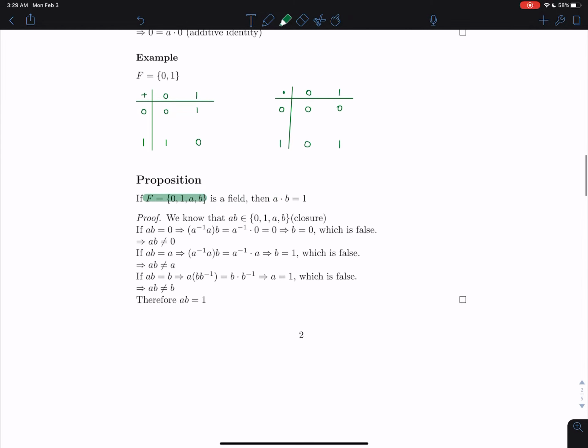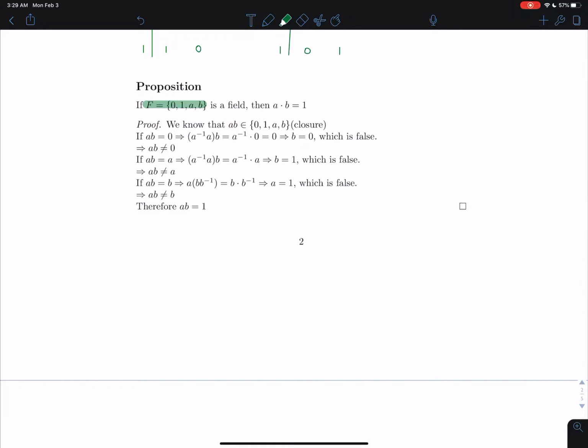So this one is talking about a 4-element field, let's say 0, 1, a, b, then a times b is 1. This proof is quite important because it shows you the proof by elimination, which is a proof that you will be using most of the time in fields.